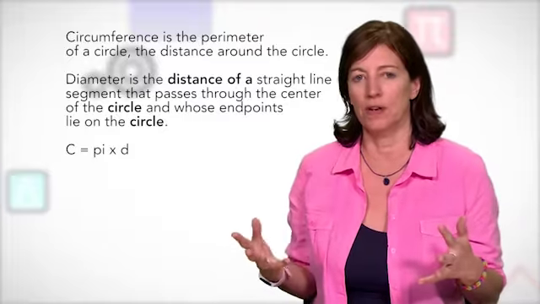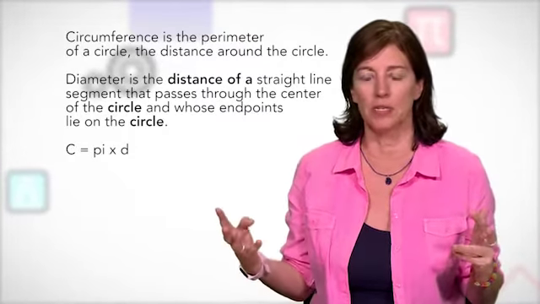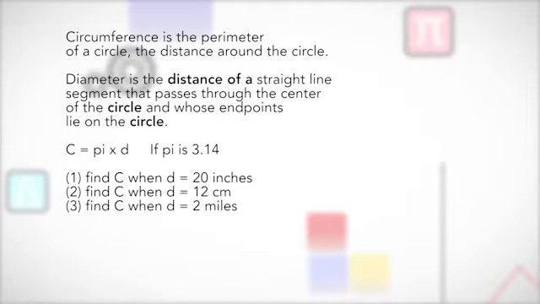And then you may be given, again, the formula c equals pi times diameter, and then told, well, if we take pi as 3.14, can you find c when d equals 20 inches, find c when d equals 12 centimeters, find c when d equals 2 miles.